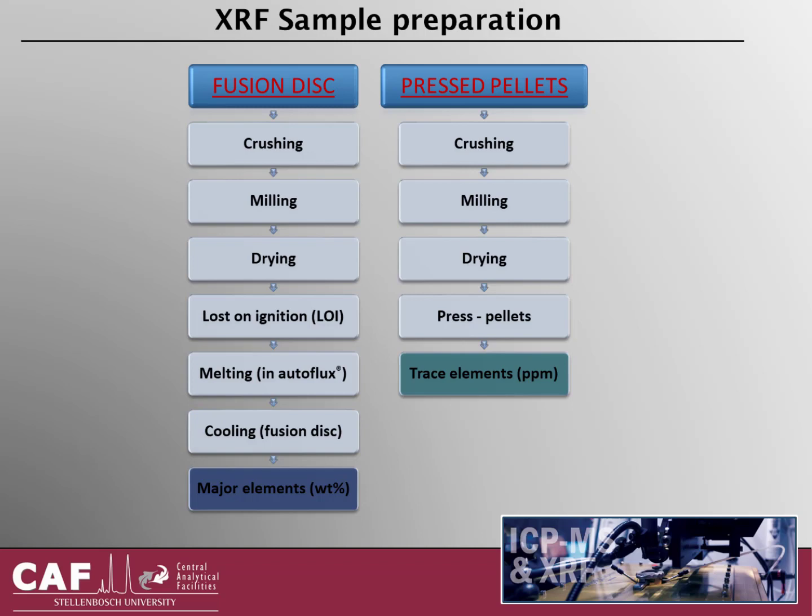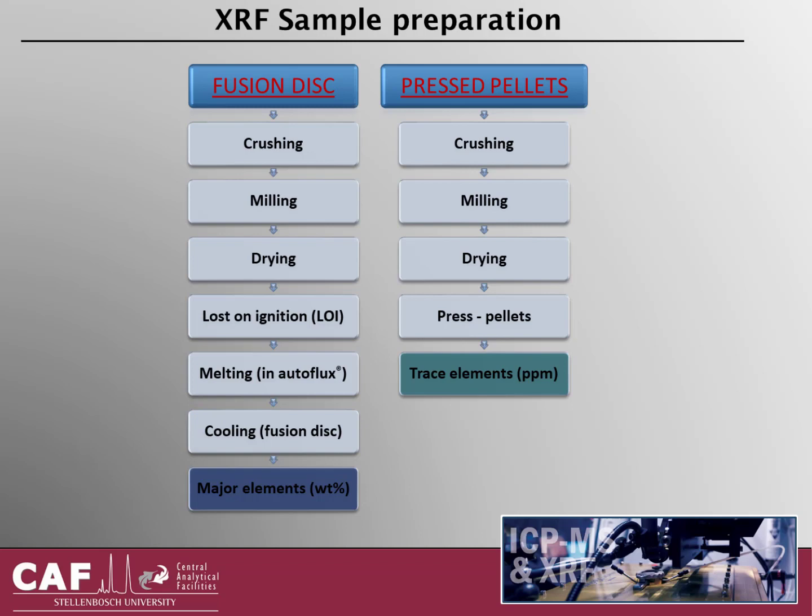The decision as to which method to follow will depend on the elements to be analyzed and the estimated concentration thereof. To make either a fused disk or a pressed powder pellet, the sample needs to be in a fine powder form. If it is not in a powder form, it will have to be crushed, milled and dried, as would be the case with rock samples.